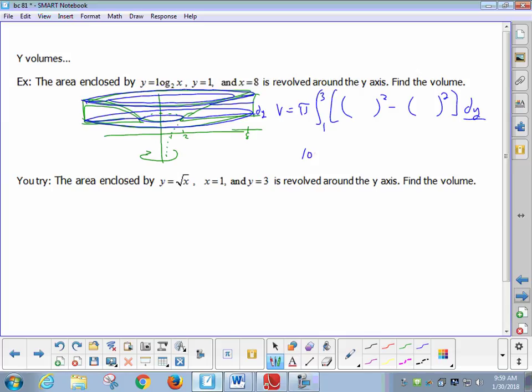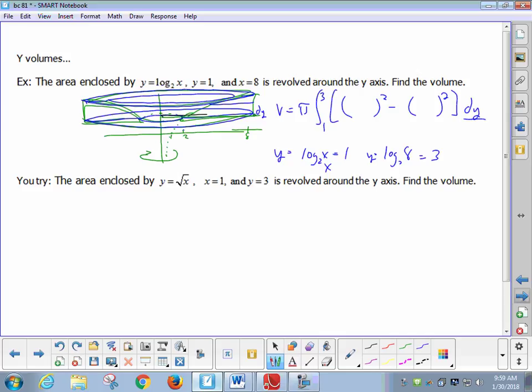We need to know when log base 2 of x is equal to 1, because y is 1. That's actually easy, never mind. And we also need to know when log base 2 of x meets x equal 8. Well, what is log base 2 of 8? 3. Okay. 2 to what power is 8 is 3. Okay, so 1 to 3. Big R. Here's big R.